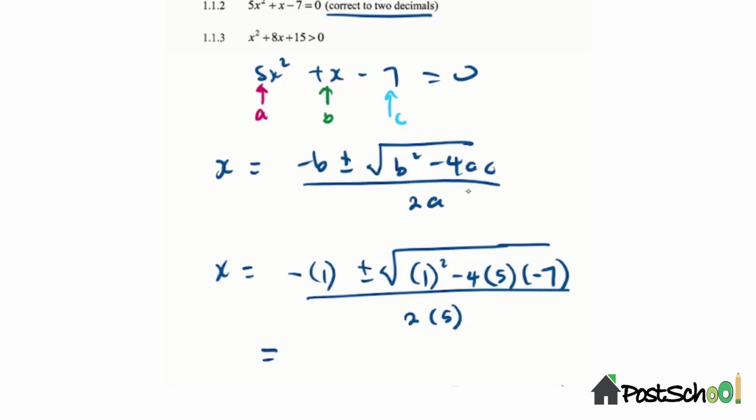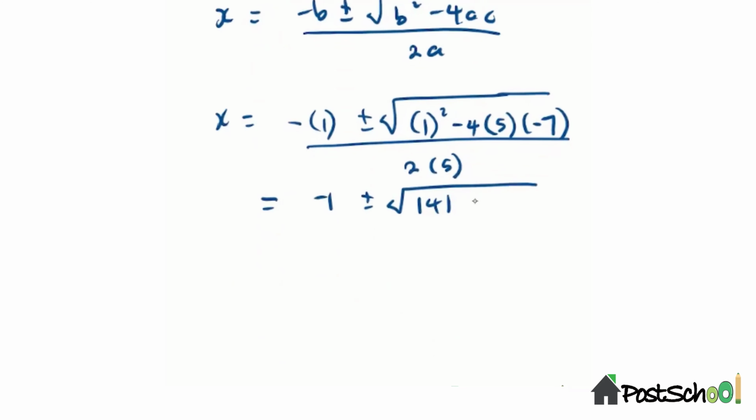Then negative 1 plus or minus the square root of, and you do this on your calculator, 1 squared minus 4 times 5 times negative 7, which gives you 141. This is over 2 times 5, which is 10.